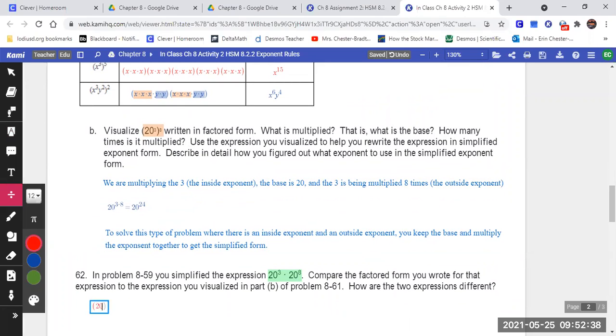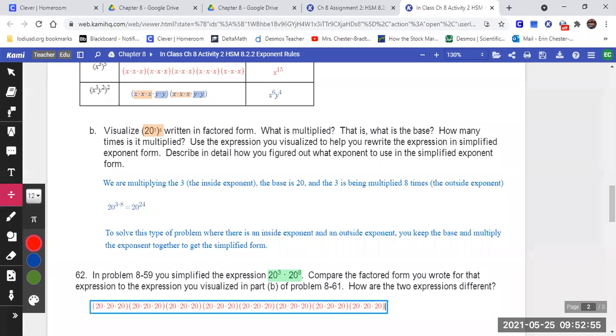Yes, 20 times 20 times 20. And we need how many sets of this? 8 sets. So 1, 2, 3, 4, 5, 6, 7, 8. Whew. Right?